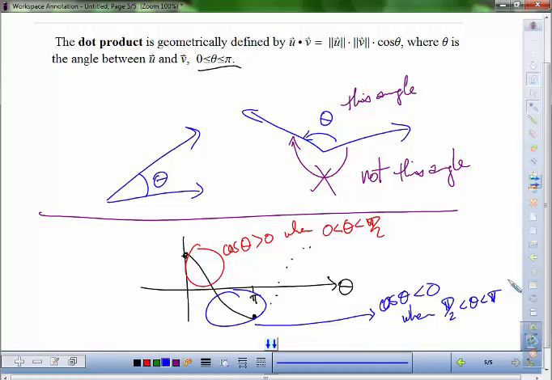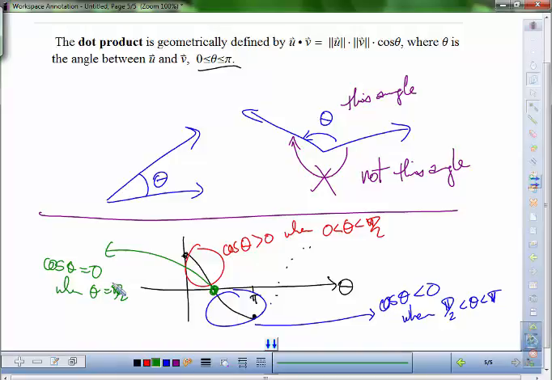If the angle is obtuse, then you have a negative dot product. So it goes continuously from positive to negative, which means at some point you have to cross 0. So that also is a special point for us. Cosine of theta is equal to 0 when theta is pi over 2.